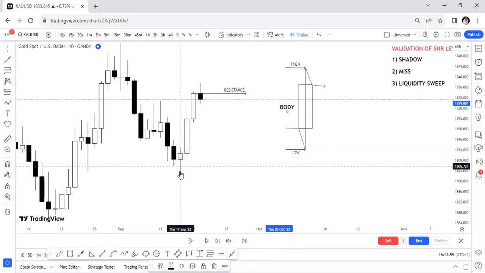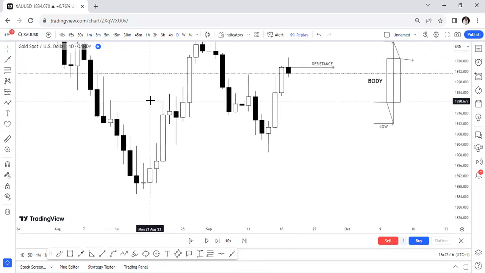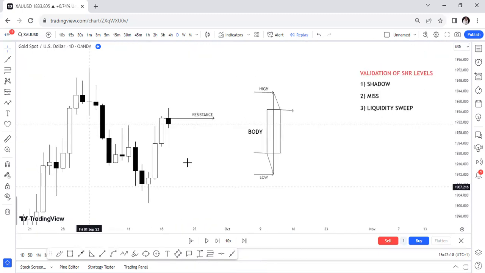This wick indicates the rejection of this lower level, and this place represents the rejection of a higher level. All the upper wicks you are seeing represent a rejection at the upper band, which is resistance. The lower wicks represent price rejection at the support level. Just get that knowledge.